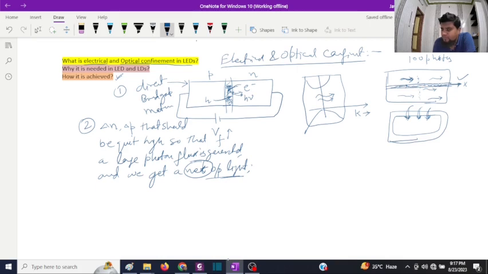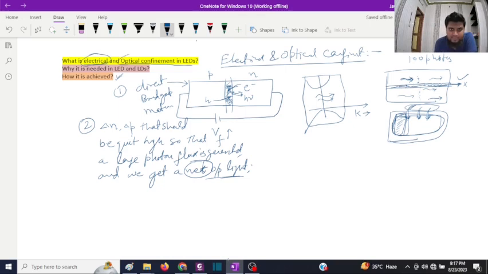If you want that, you should have sufficient water flowing. Either you increase the rate, with very heavy rain, or it is raining only in a very small region, all the water pouring in a very small region, and then you will get sufficient water. So that is your electrical confinement, and why it is important.